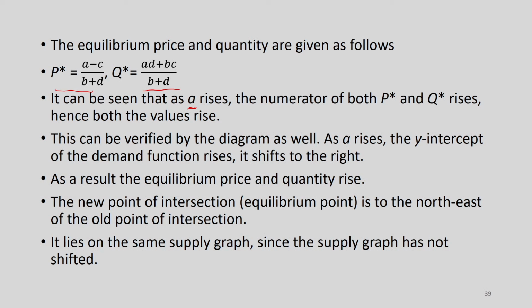So, as small a rises, the y intercept of the demand function rises, it shifts to the right. As a result, the equilibrium price and quantity rise. The new point of intersection, or the equilibrium point, is to the northeast of the old point of intersection. It lies on the same supply graph, since the supply graph has not shifted.